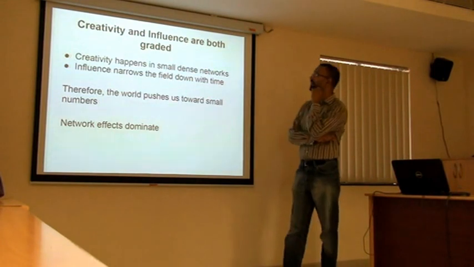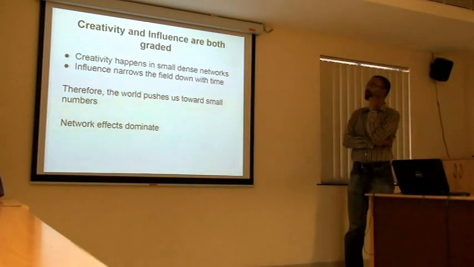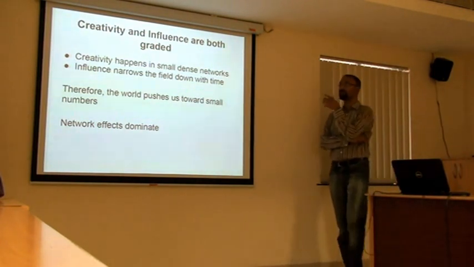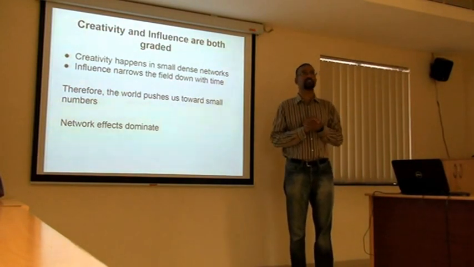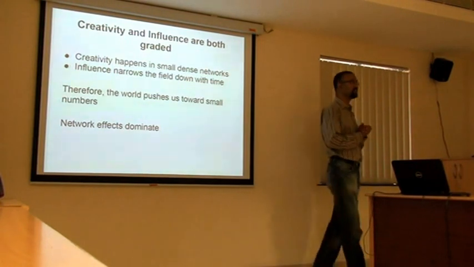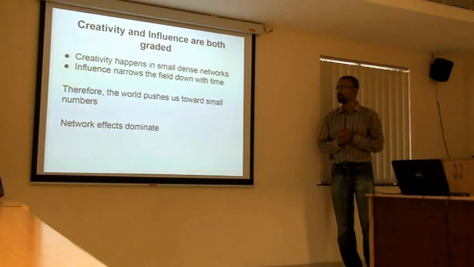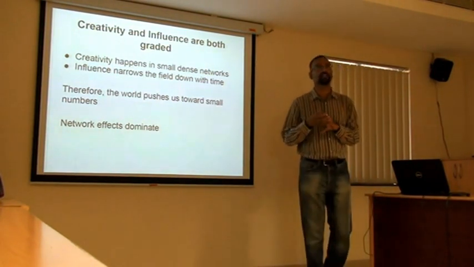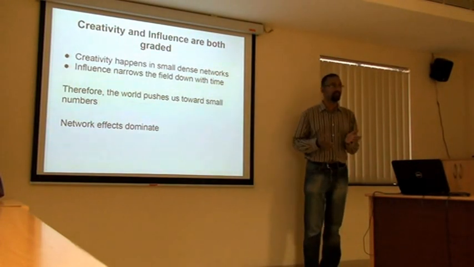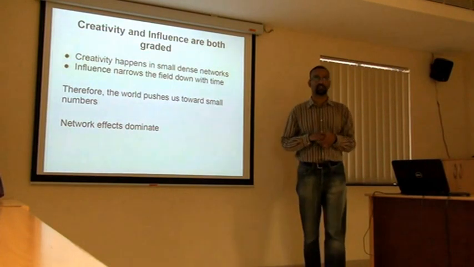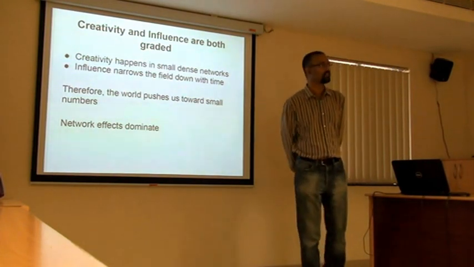So going back to what Dipankar was saying, creativity and influence are both graded, meaning that the origins of whether it is companies, ideas, or species typically tend to happen in small, dense networks. Okay? So it's not a surprise that Plato knew Aristotle, Plato taught Aristotle and Socrates taught Plato.